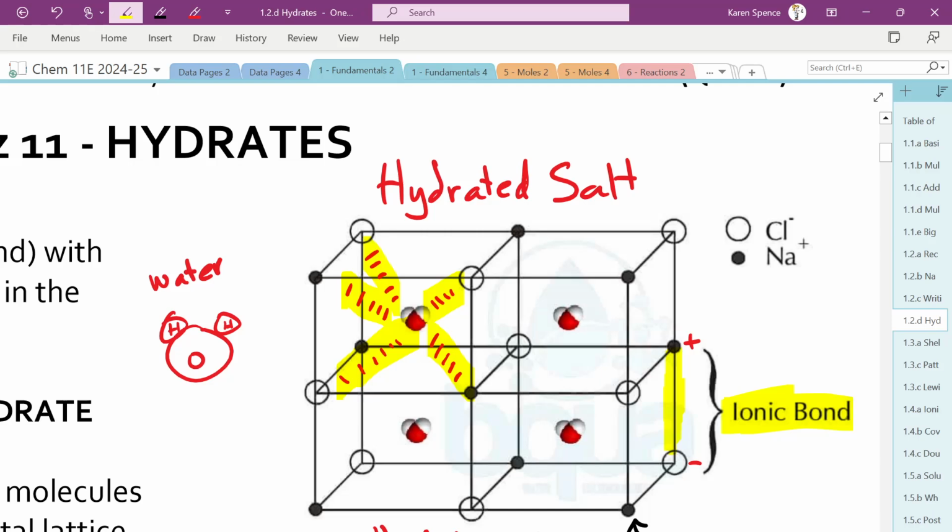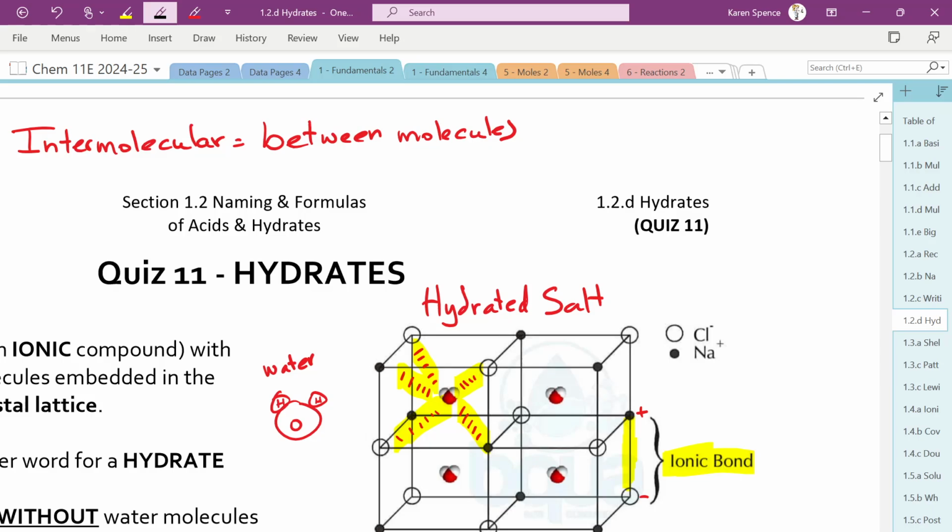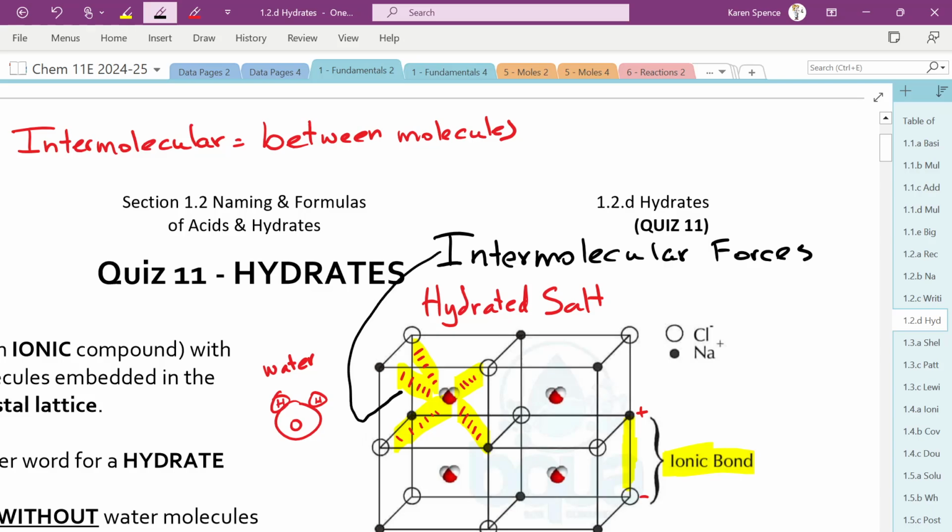they're still positive because the water has a positively charged end and a negatively charged end. It's a little more complicated than I'm showing here, but these intermolecular forces hold that water inside those spaces in the crystal lattice.